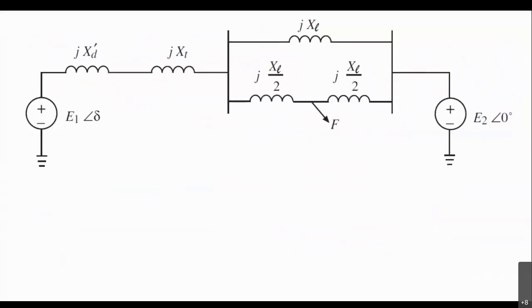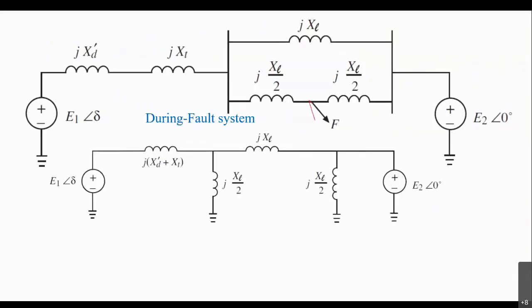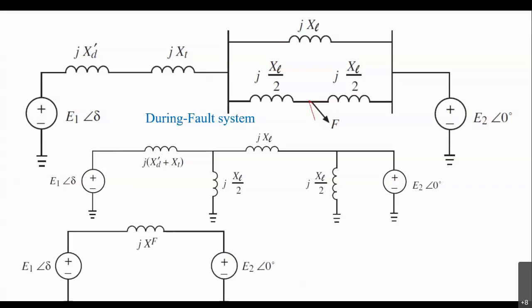Now coming to the faulted condition, when the fault happens at the middle of one of the parallel lines, the network looks like this. It divides into two parts, xL by 2 and xL by 2, both grounded. Here it is a little difficult to find the equivalent reactance, which we represent as xF.